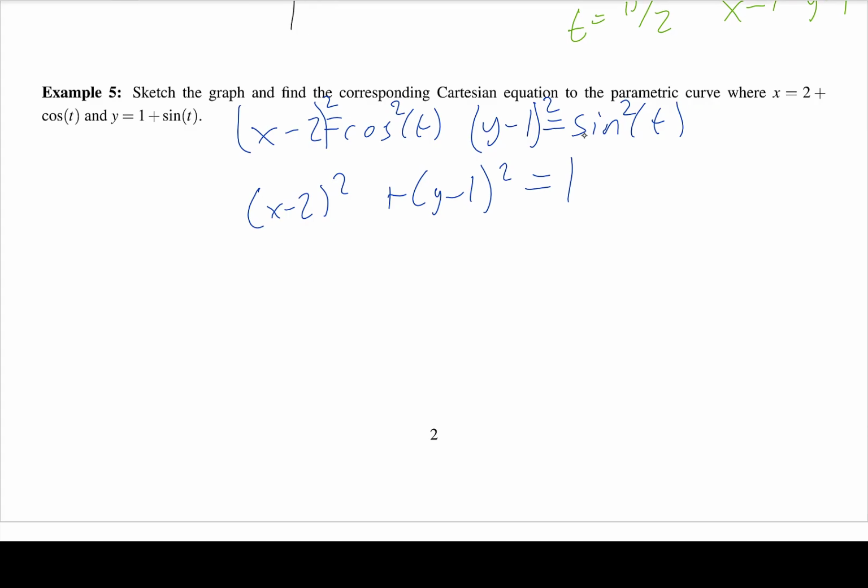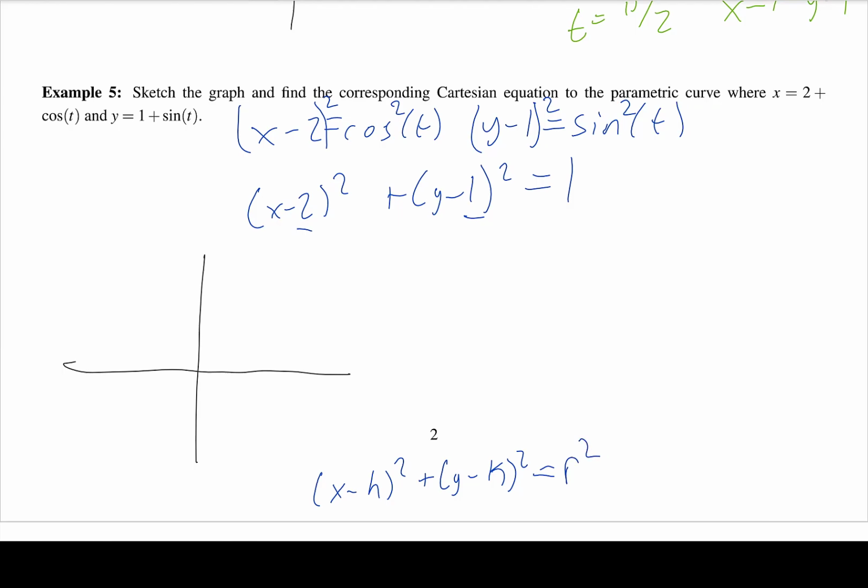So this will give us a circle with radius 1. But it's going to be centered at the point 2, 1. The reason for this is we'll have to remember if we have x minus h squared plus y minus k squared equals r squared, r is the radius of the circle and h, k is the center of the circle.